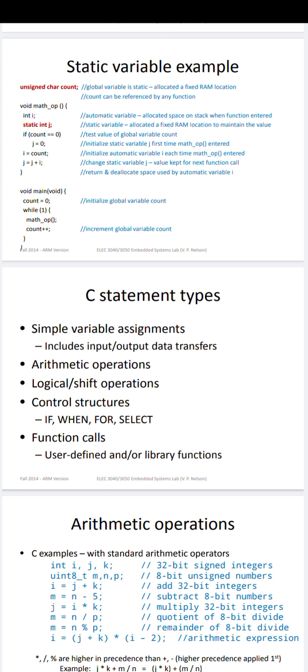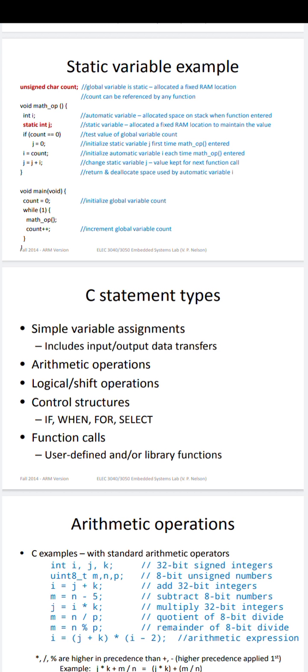Void main: integer i, static integer j. If count is equal to 0, then j is equal to 0, i is equal to count, j is equal to j plus 1. Void main, count is equal to 0, while 1, output count plus plus. In this program, first the condition integer i, then static integer j.